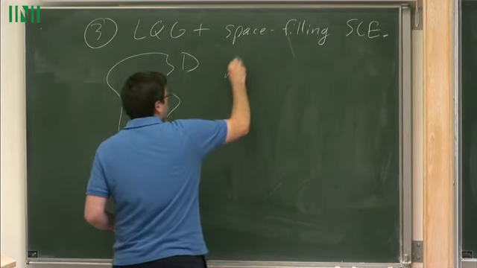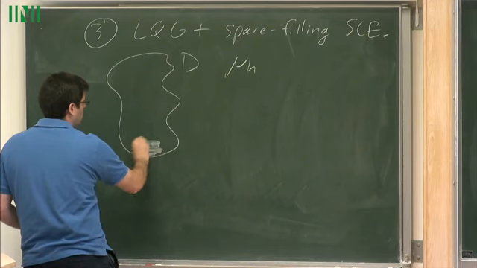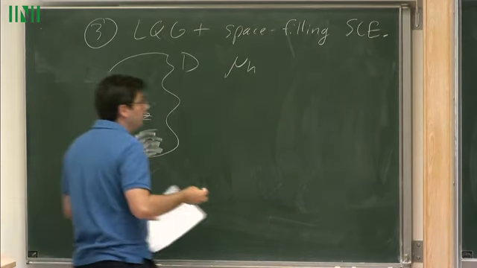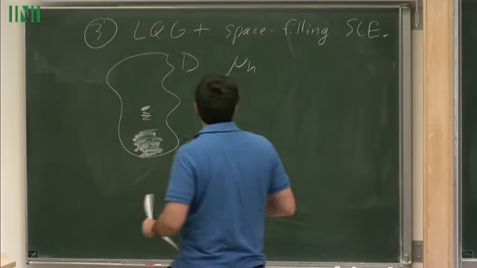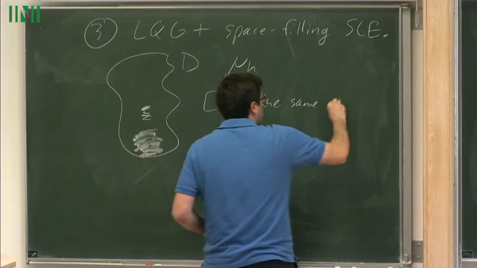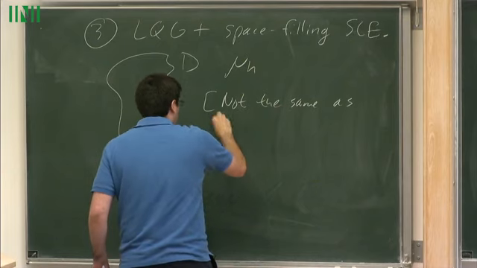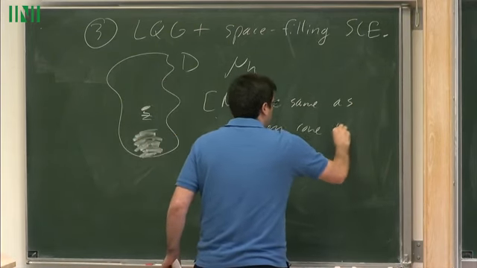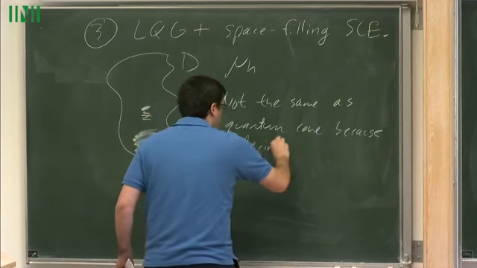You can imagine that you have your Liouville quantum gravity measure on it and your space filling SLE. And you can again pick a Lebesgue typical point Z and just zoom in around that point. So this is actually going to be a little bit different from what I described before. This is not the same thing as the usual mating of trees framework, because it's not exactly the same as a quantum cone, because you're going to be centering at a Lebesgue typical point and not a quantum typical point.